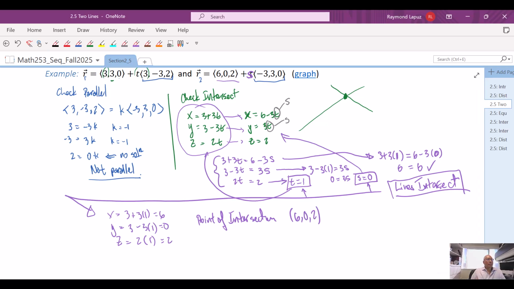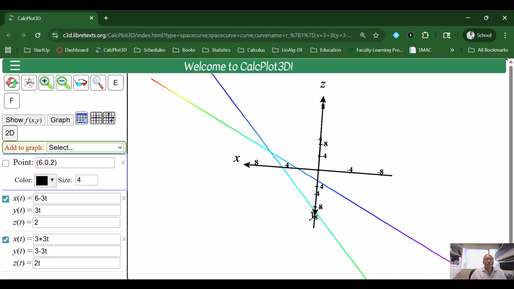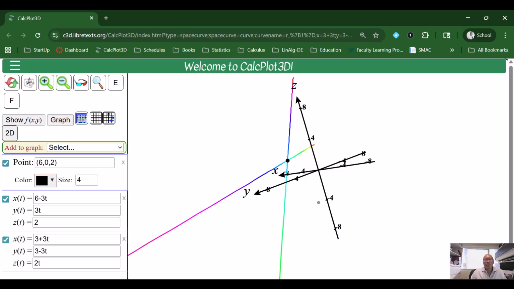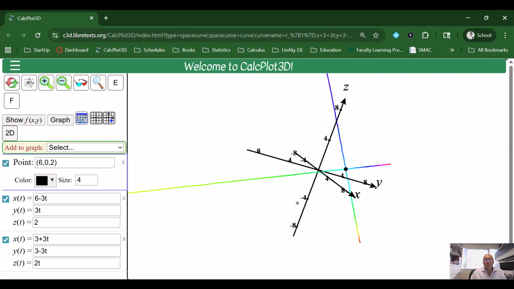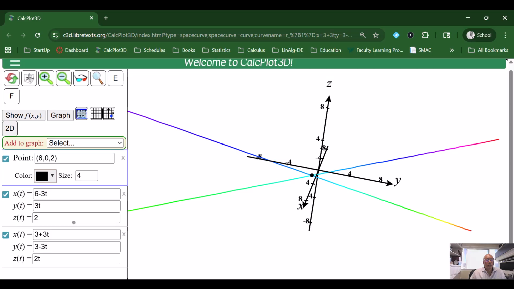So back to the graph that I was excited to look at. These are the two lines, and the point (6, 0, 2) seems to be our intersection, so you can see in a lot of different angles that that is in fact the case. All right, so what I'll do is I'll do a trace for them.